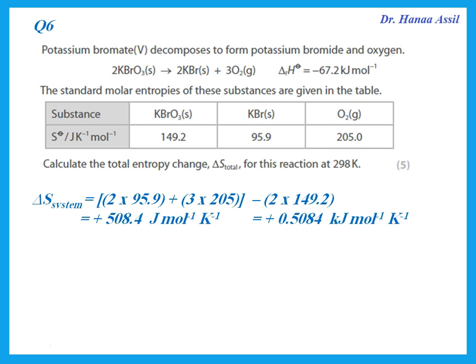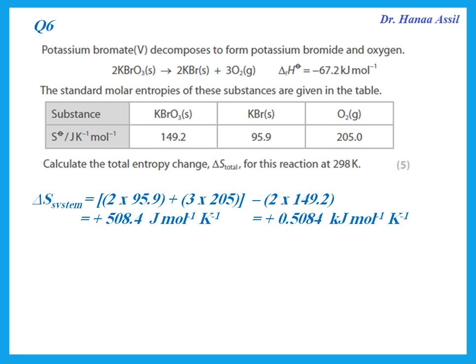I have 3 moles of oxygen, that will be 3 times the molar entropy of oxygen. All of this minus 2 times the molar entropy of the KBrO3. The overall here is a positive number. What comes out, of course, is in joules. If you want it in kilojoules, you divide by 1,000.